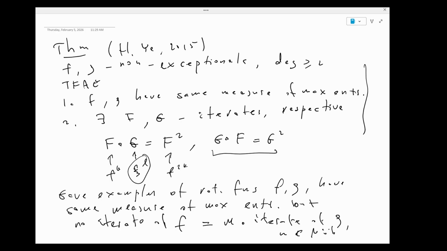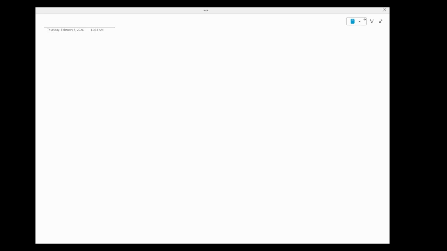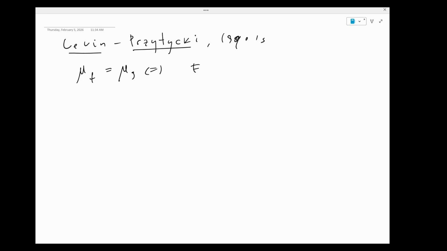Okay, and what was known since the 90s, this work of Levin and Przytycki, is that, okay, so this one is difficult, I think like this, 90s, the measures of maximal entropy are the same if and only if F inverse F^m equals G inverse G^n.